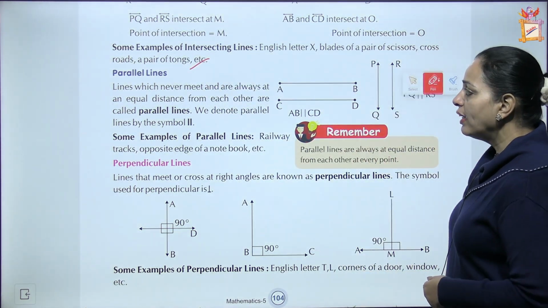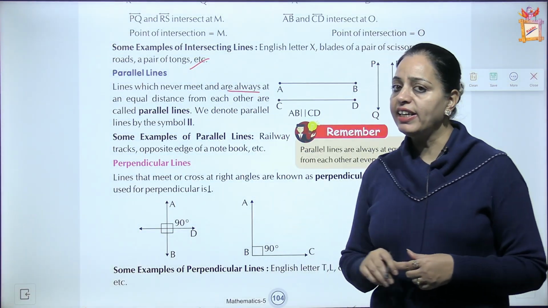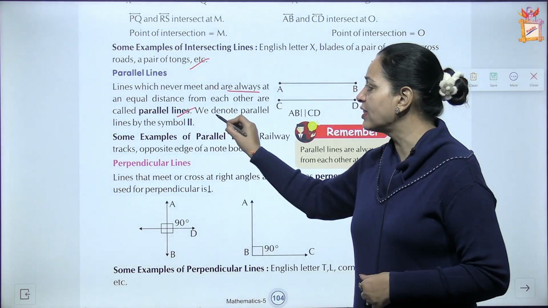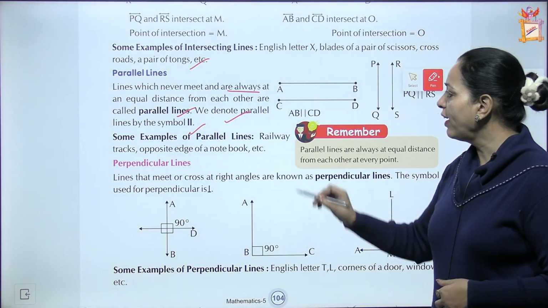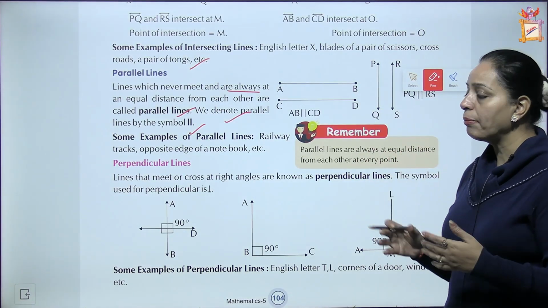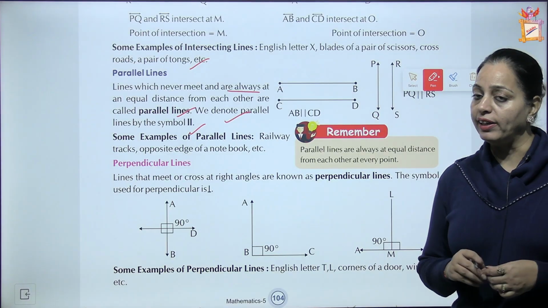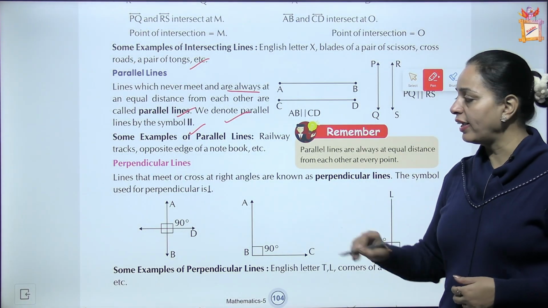Now parallel lines. Lines which never meet and are always at an equal distance from each other are called parallel lines. We denote parallel lines by this symbol. Like these are parallel. However much they are extended, they never meet at any point. So these are parallel lines.